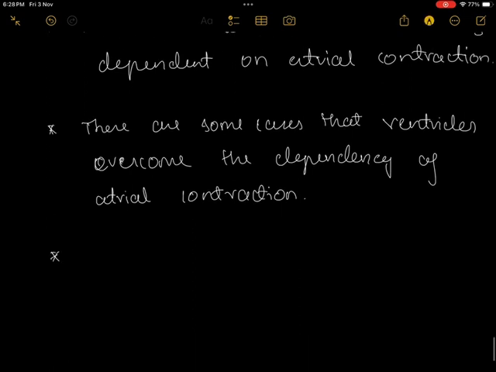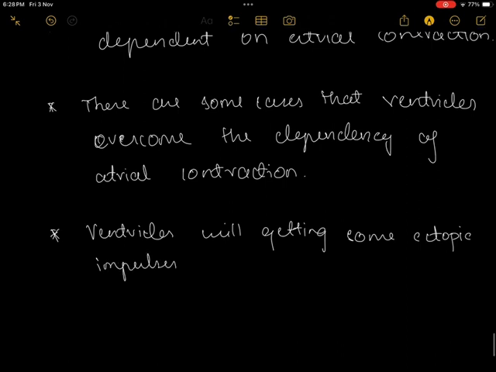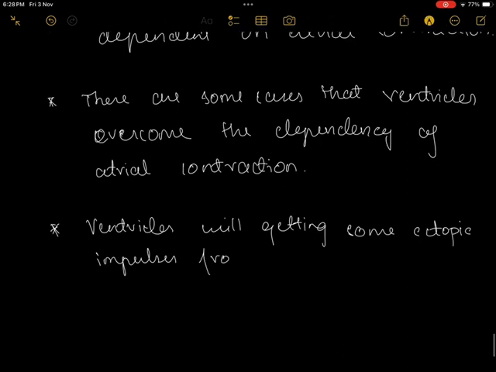Because the ventricles will start getting some ectopic impulses. As I have said, ectopic impulses are those impulses which are generated from other parts of the heart, from the Purkinje fibers which are present in the heart.